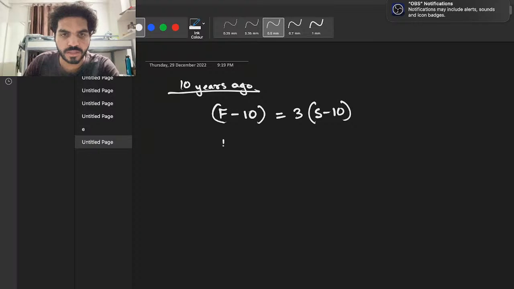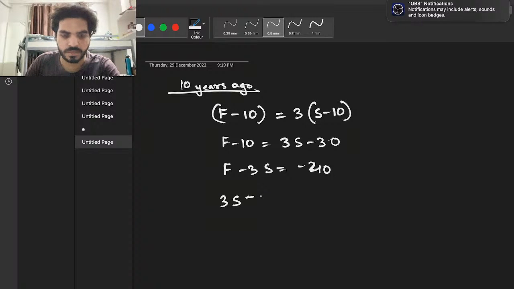So F minus 10 is equal to 3S minus 30, and F minus 3S is equal to minus 20. Wait. Okay, yeah, the second condition is also there.